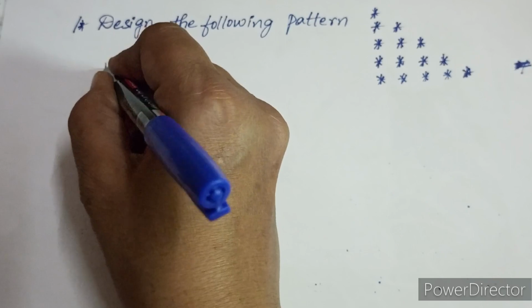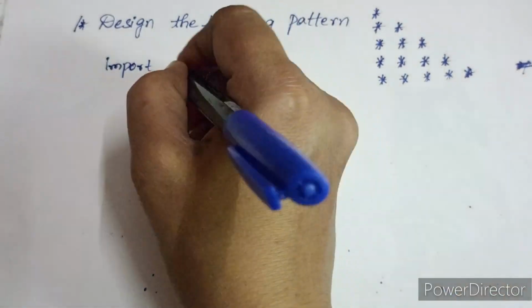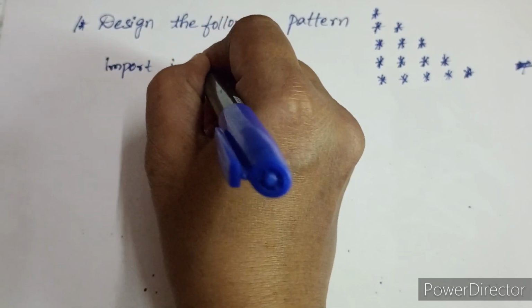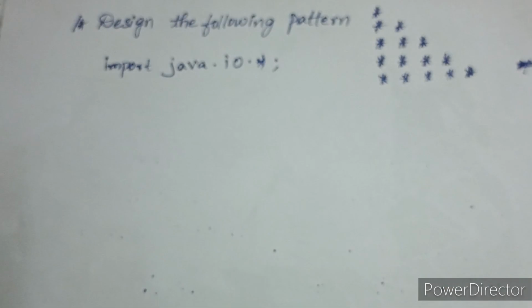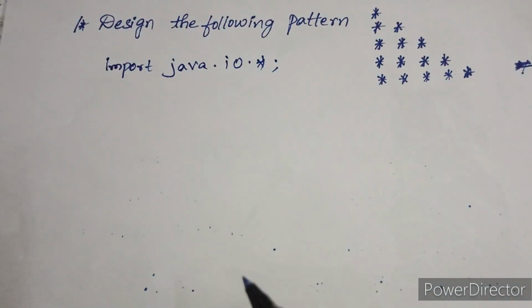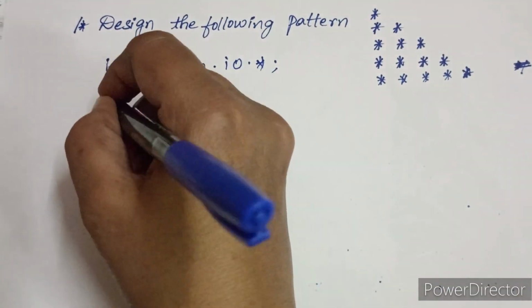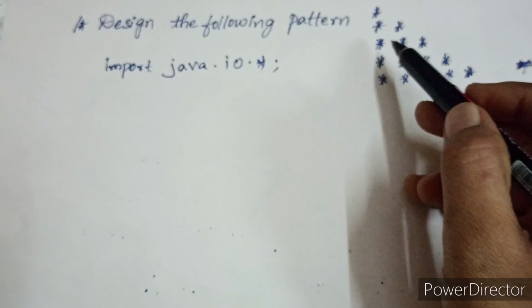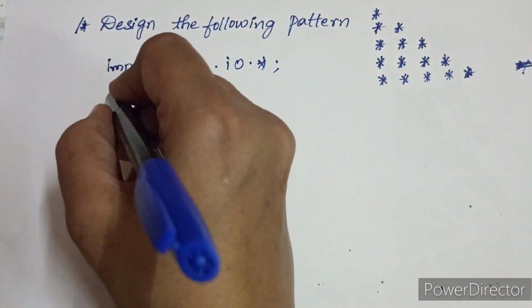First you should import java.io.*. Then, whenever you are displaying this information in rows and columns, you should use the concept of nested for loop.